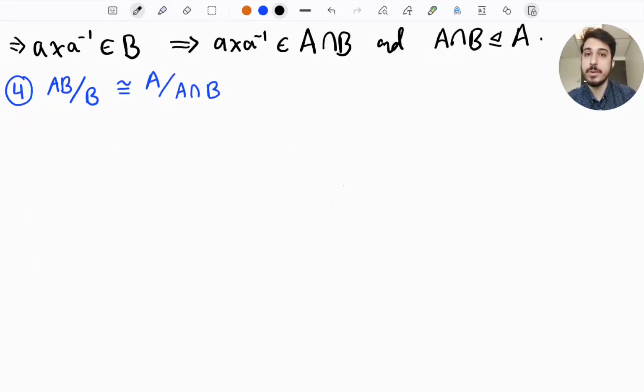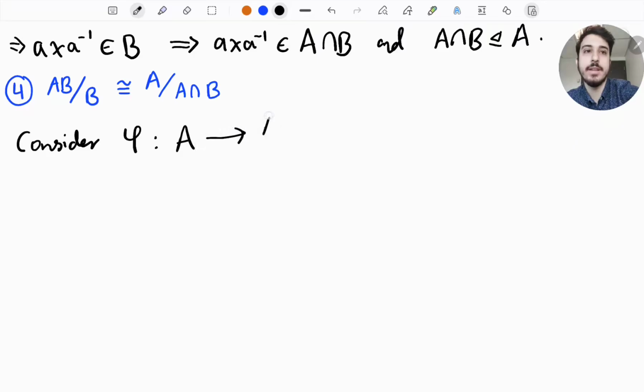Now that we have proven all the preliminary results, it's time to prove the isomorphism itself. Now we consider the map phi taking an element from A, giving an element in AB/B. This might seem like an artificial choice for phi, like where did this come from?